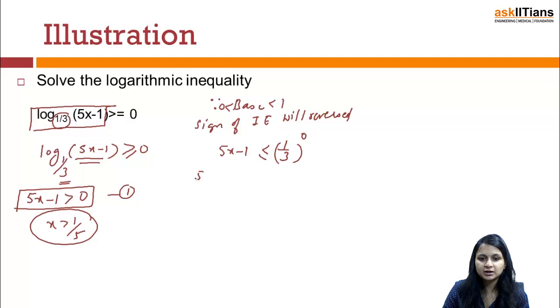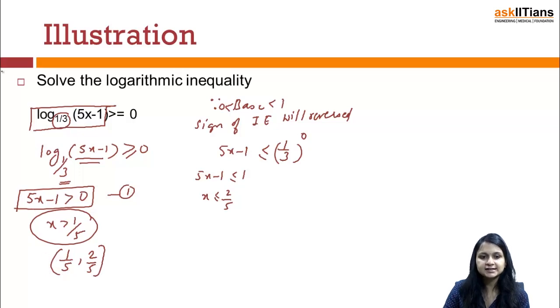This gives me 5x minus 1 less than equal to 1, or x less than equal to 2 by 5. So here I get the complete solution. Here I have greater than, so my complete solution would be 1 by 5 to 2 by 5. This is included and this is not included. So this is how we can solve it.